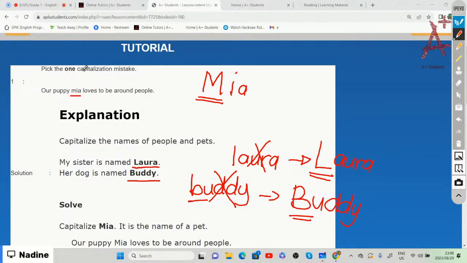So we need to write it with a capital letter M for Mia, right? So our puppy Mia loves to be around people. So Mia, we capitalize basically the first letter of Mia's name, right? Because it is the name of a pet.